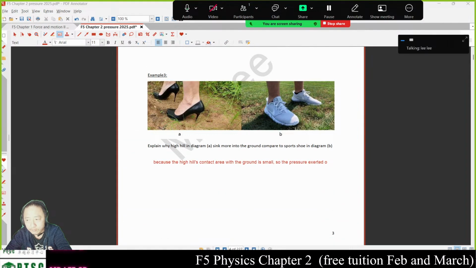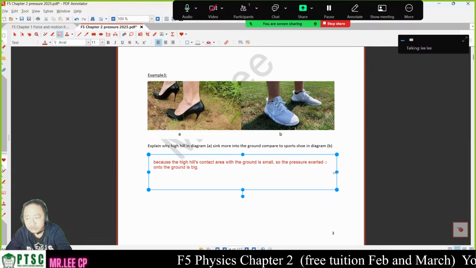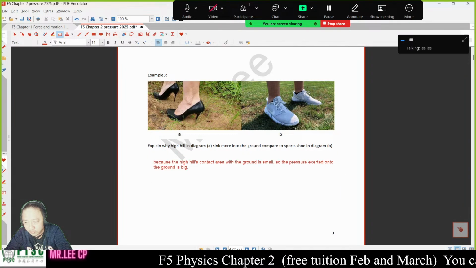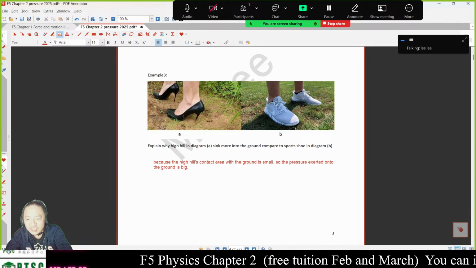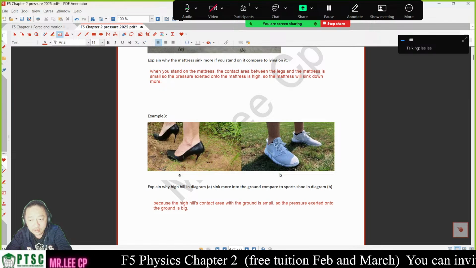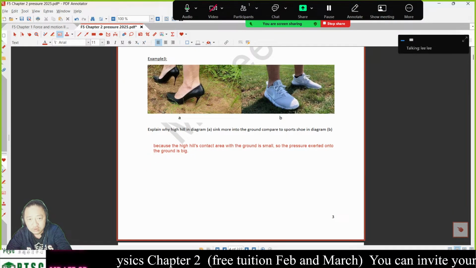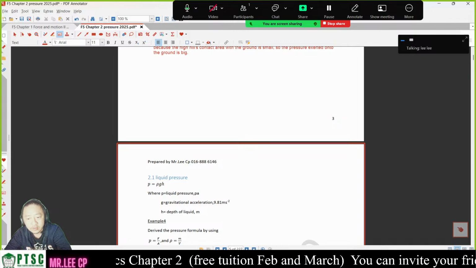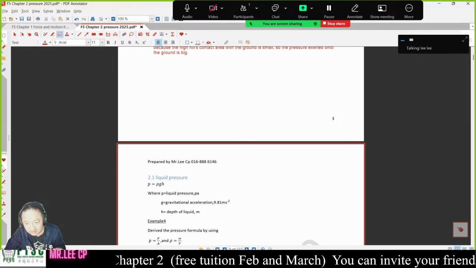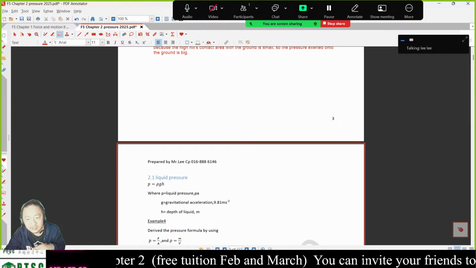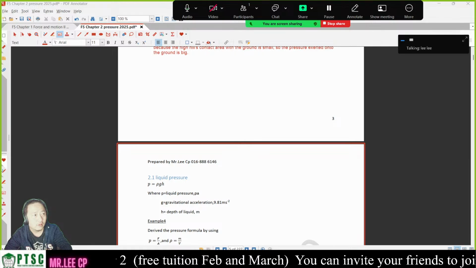Okay, now this one you will not find in your textbook, but in the exam they will ask you. This one I add in on my own. Pressure is force over area, right? So your 2.1 straight away goes to liquid pressure.